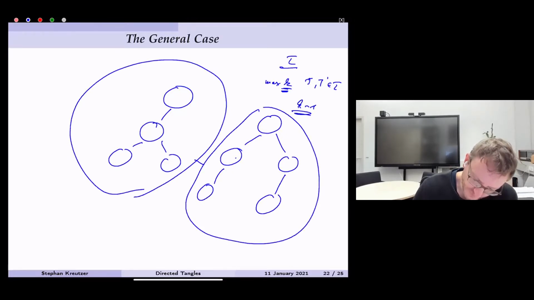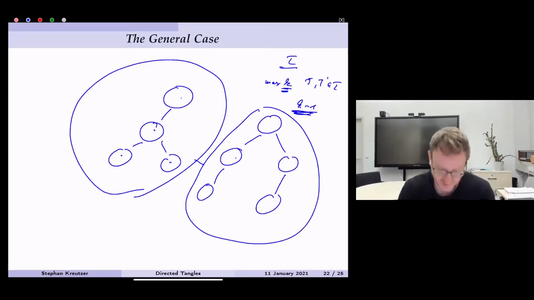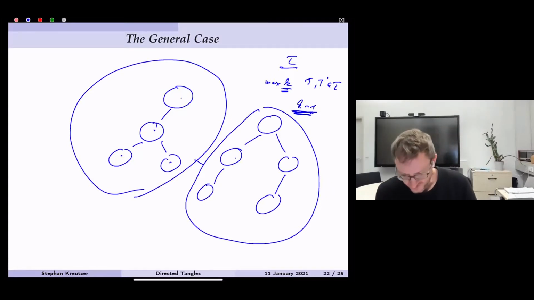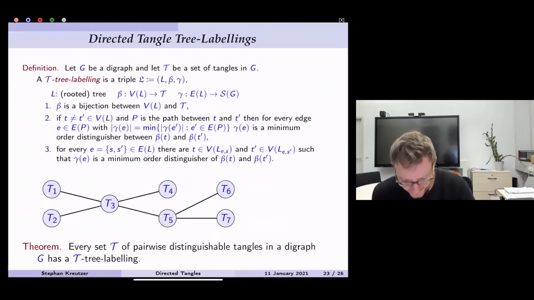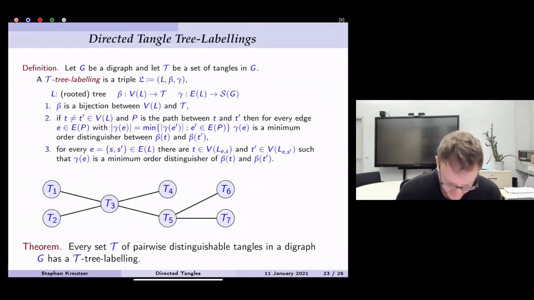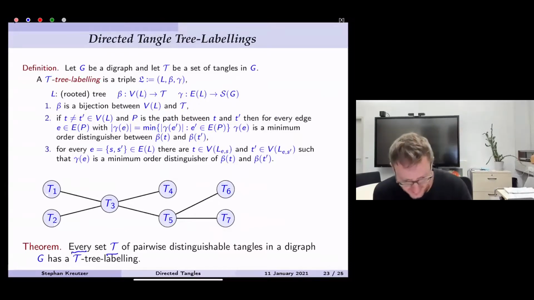And then we just have to replace the nodes in this tree labeling by the inductively computed tree labelings. And then you have to show that this all works well. And then eventually you get this theorem that every set of pairwise distinguishable tangles has a tree labeling.